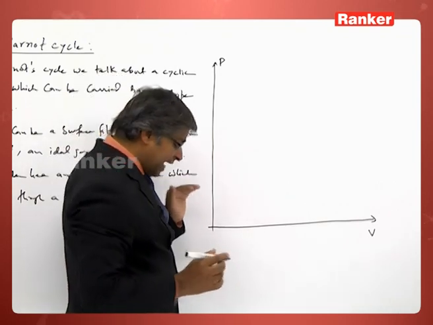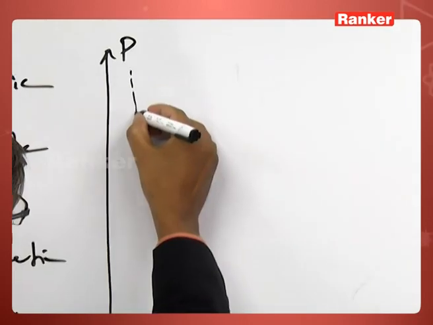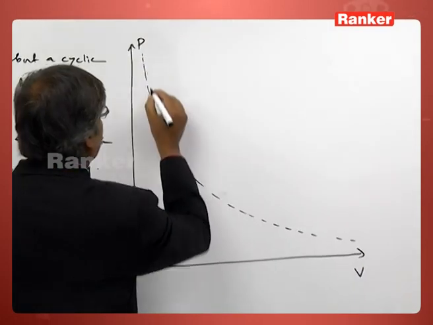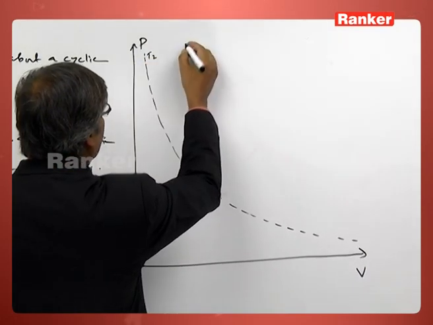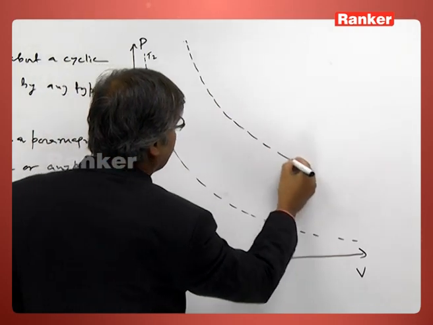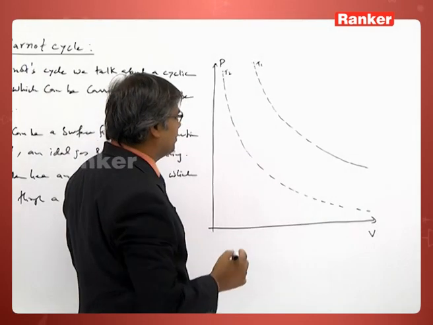So in the Carnot cycle, here we will have two isotherms. This is one isotherm, this is T2, and there is one more isotherm, T1. So T1 and T2 are two isotherms.